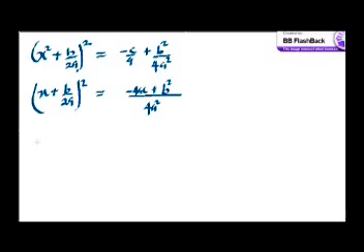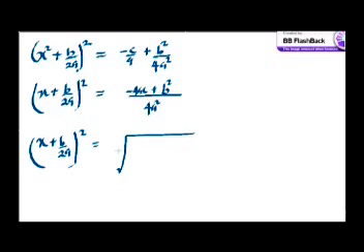x plus b over 2a is equal to the square root, because when the square crosses over to the other side it becomes plus or minus the square root of minus 4ac plus b² all over 4a². So the square here cancels.